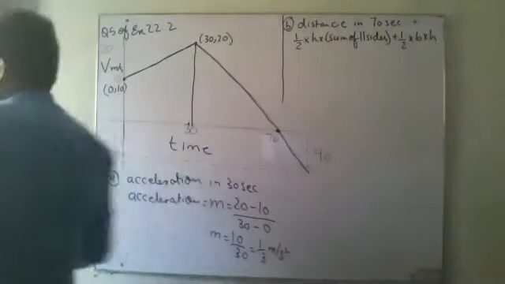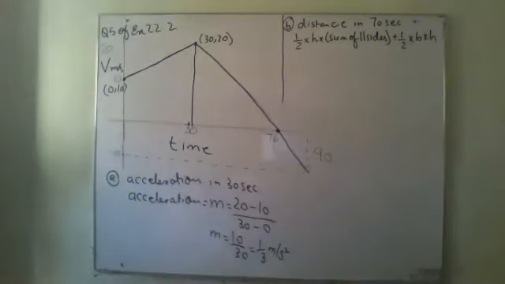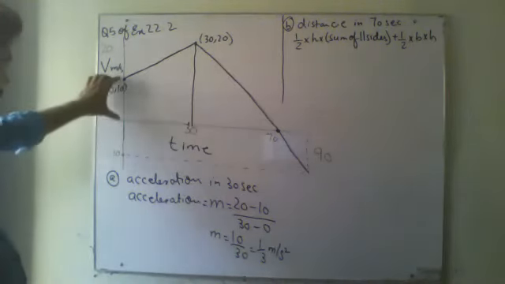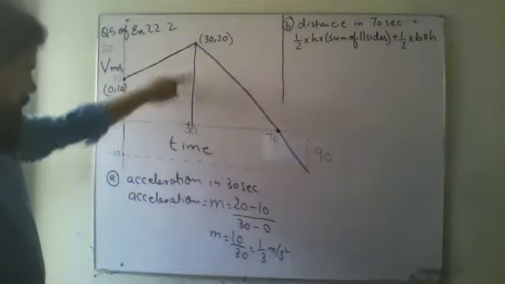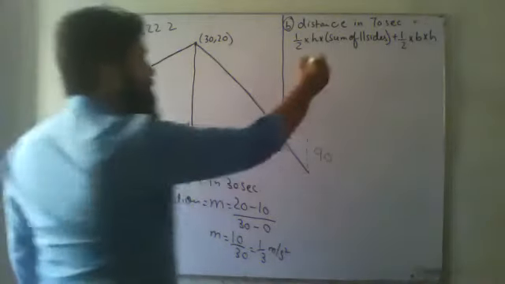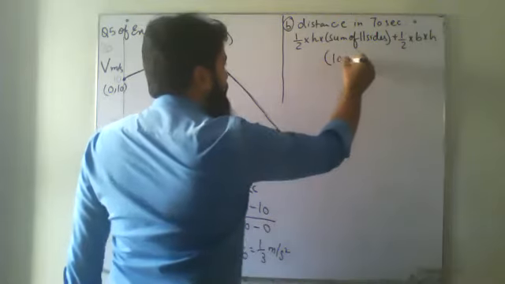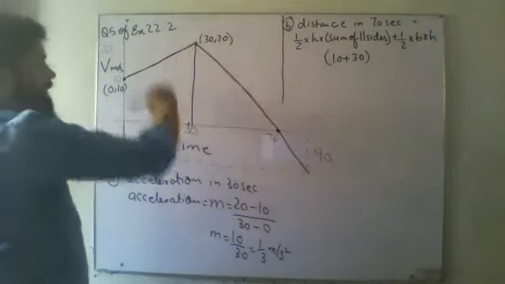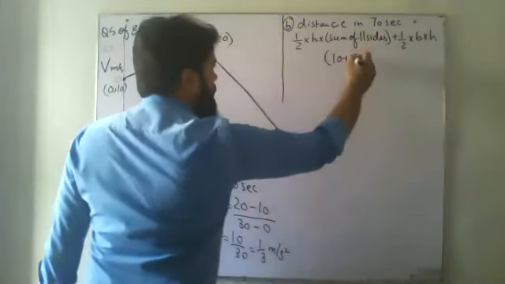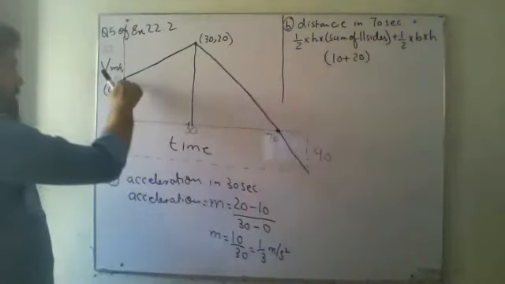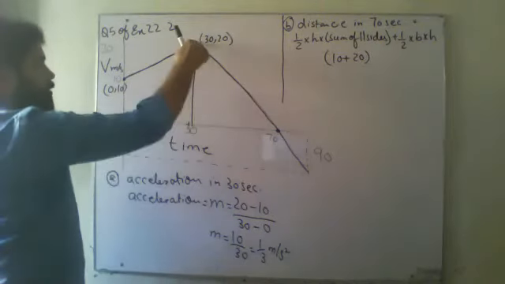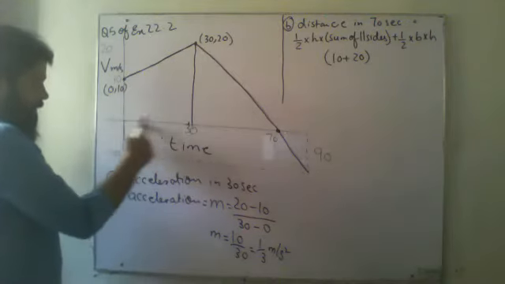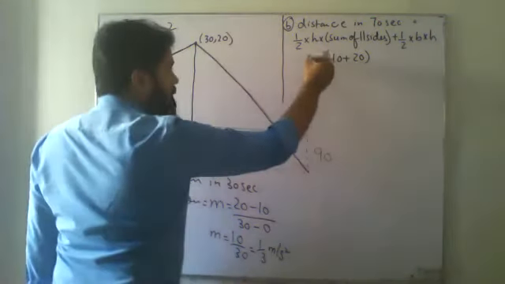Now, first of all, for this one, what are the parallel sides? 10 and 30. 10 plus 30. What is the height? Sorry, not 30, it is 20, not 30. 0 to 10 and 0 to 20. Height will be this one. This will be 30.